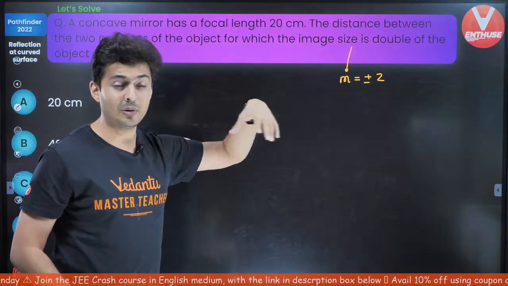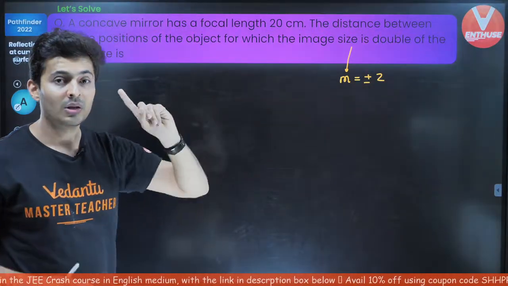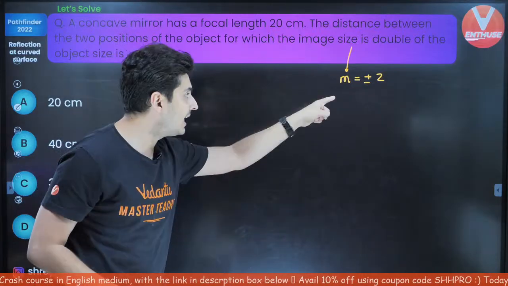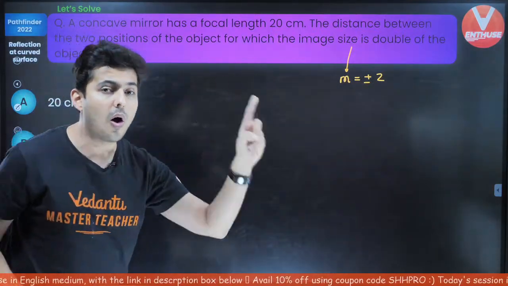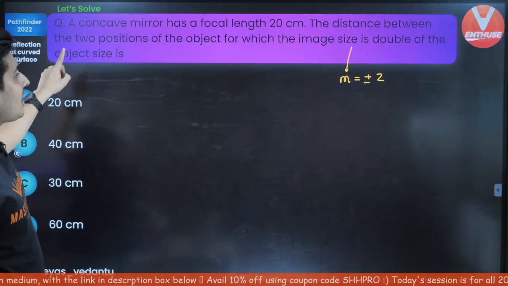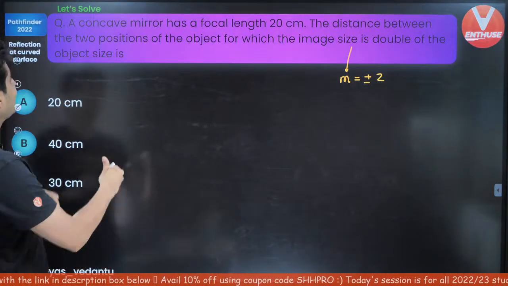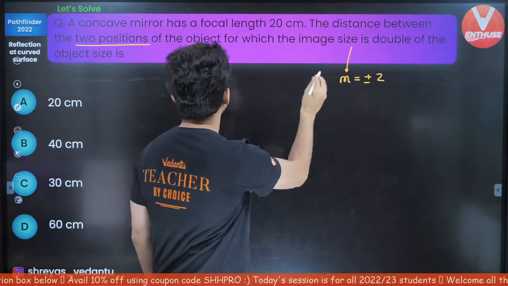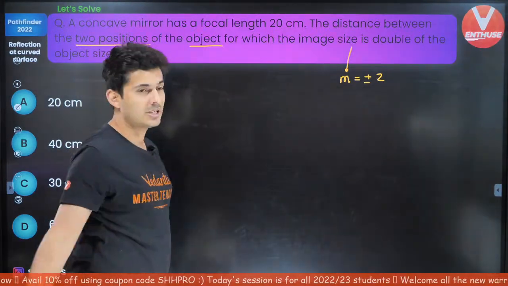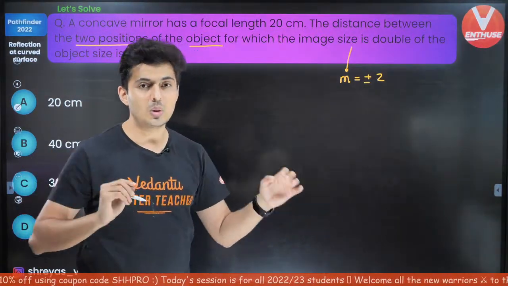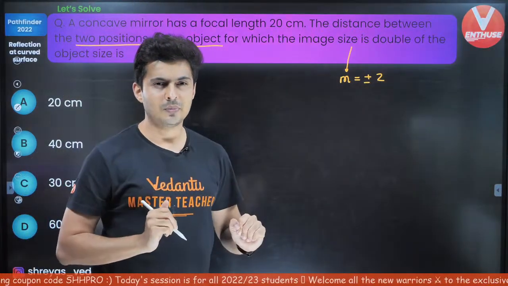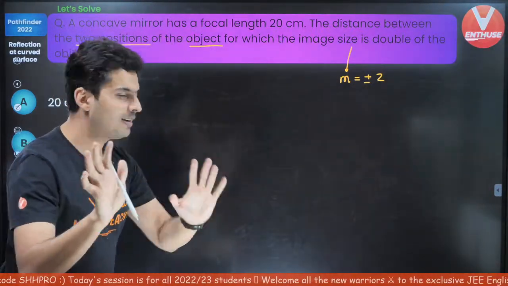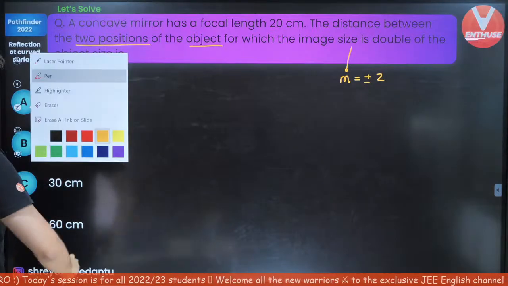There is no mention of whether it is erect or inverted. So for each sign, I will get two object positions. That's why the question is, find the distance between the two positions of that particular object. First time you will get +2, next time you will get -2. The way I approach this question is very tricky, and very interesting also.